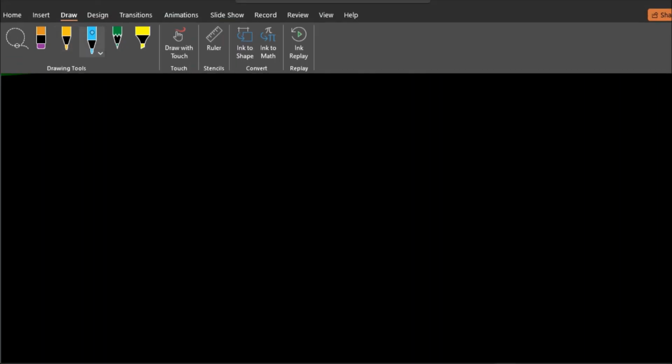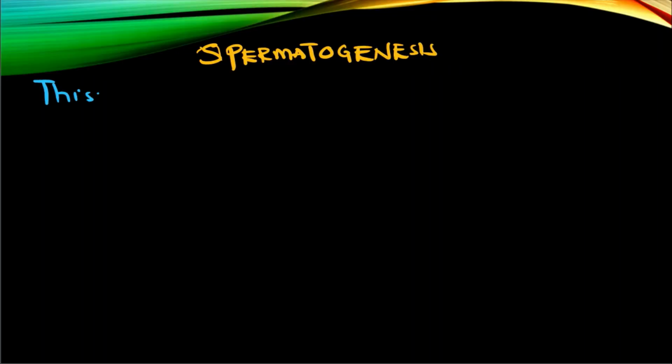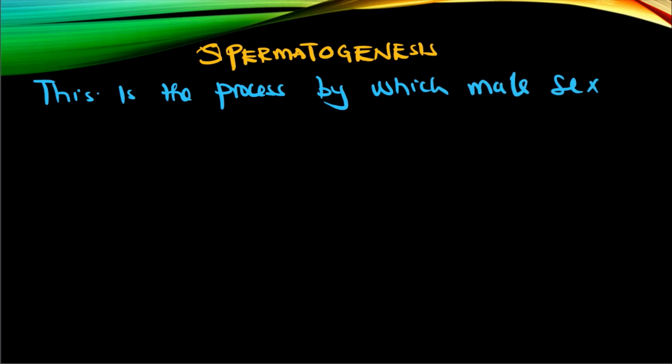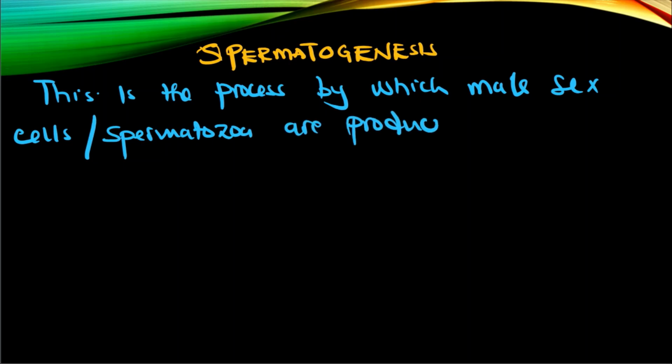Spermatogenesis is the process by which male sex cells, known as spermatozoa, are produced in the testes.